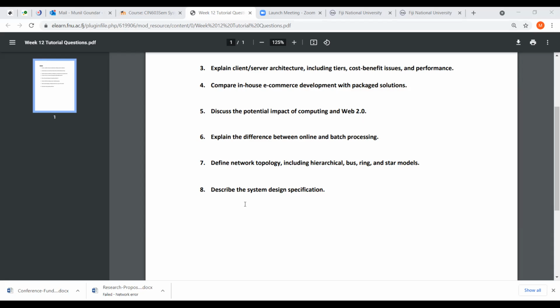Next point, consider integration requirements.